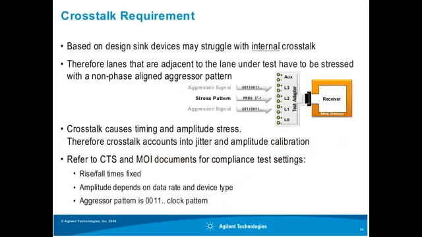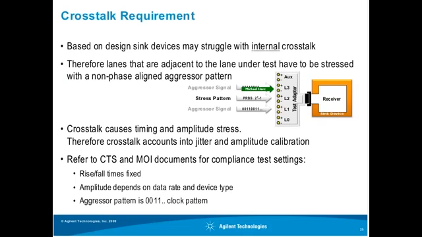Okay, the next is a crosstalk requirement, and this does not mean we add crosstalk or something which simulates crosstalk to the lane under test, but we send an aggressive signal to the adjacent lanes. So in the example shown here, we stress lane 2, and then we send an aggressive signal to the lanes next to it.